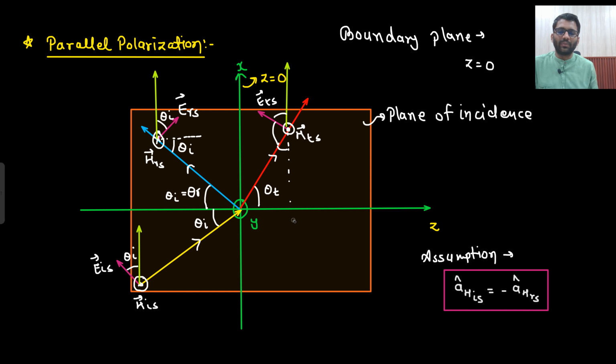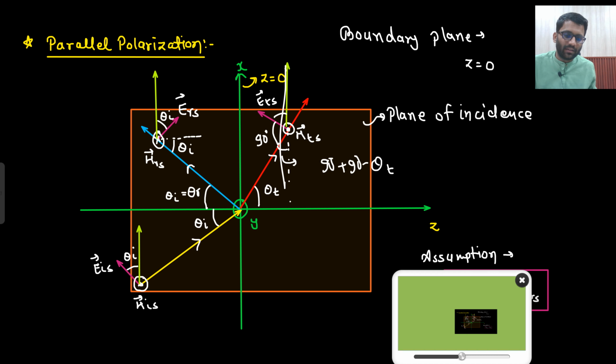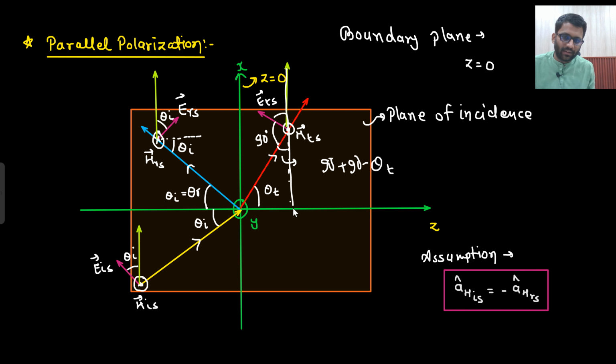What I am saying is that on this line the total angle should be 180 degrees. So 90 I have, 90 minus theta T I have, so the other one left is theta T only. Is that clear to you?